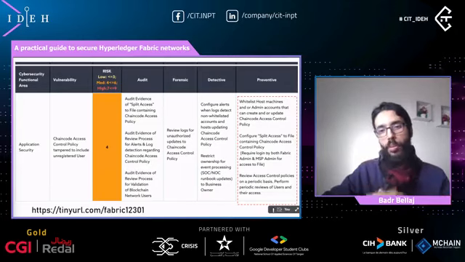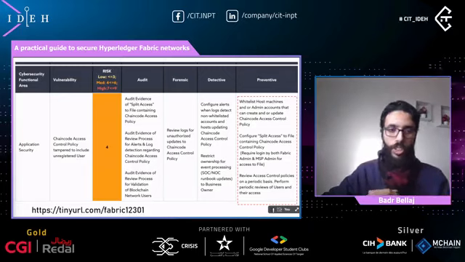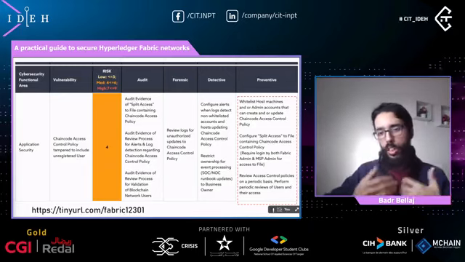I would propose you read a good security analysis done by a security company about an assessment of the Hyperledger Fabric system. You will find it under the link shared below. I would advise you to read the document if you are interested.